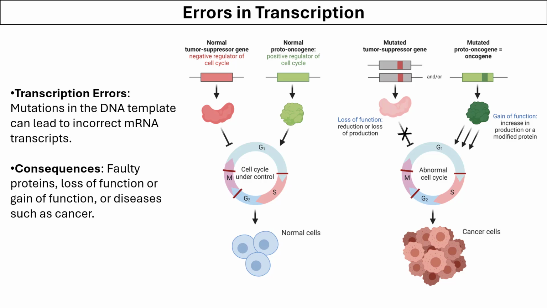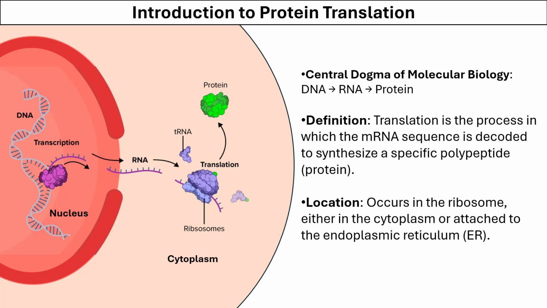Now, if the sequence of amino acids is not correct, you will not have the correct proteins. This leads to various genetic defects, loss of various important proteins, or gain of harmful proteins, which in turn leads to cancer. Now let's talk about the translation process.